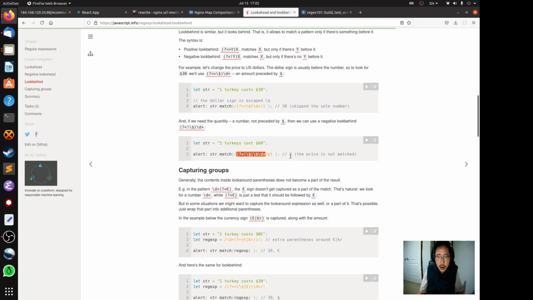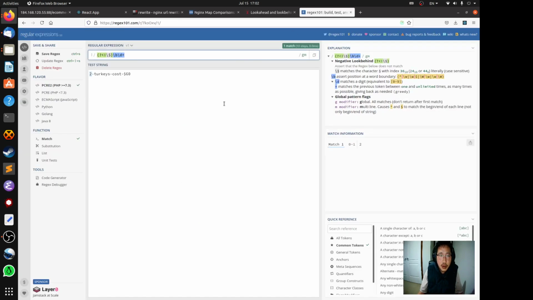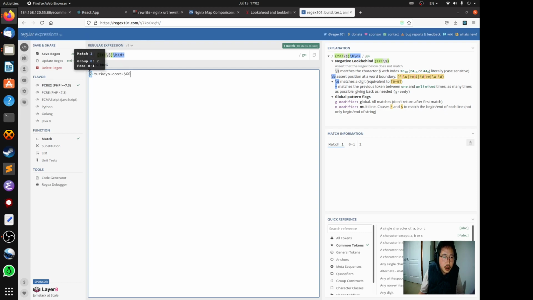Now it says matches 2. Let's see why. So let's start also with this here. One or more digits. So we got either 2, 6 or 0, or 6 and 6 and 6 0. So those are the candidates. You're looking behind from either here or here to see if the previous adjacent character is not a dollar sign.